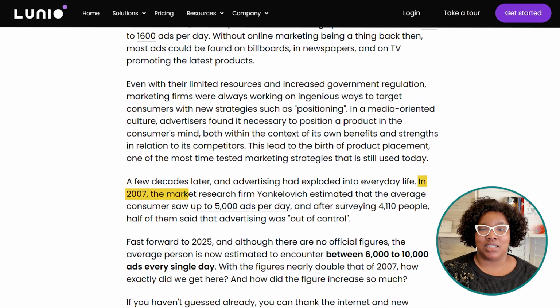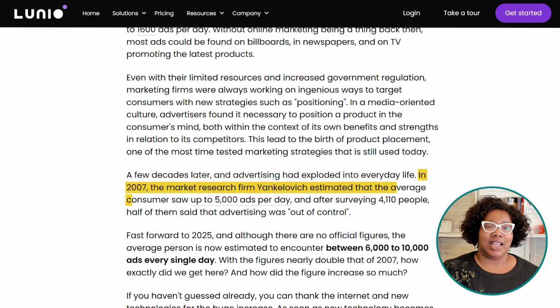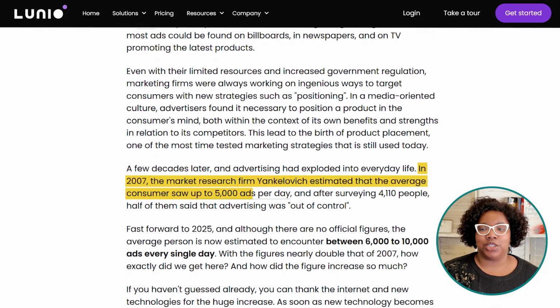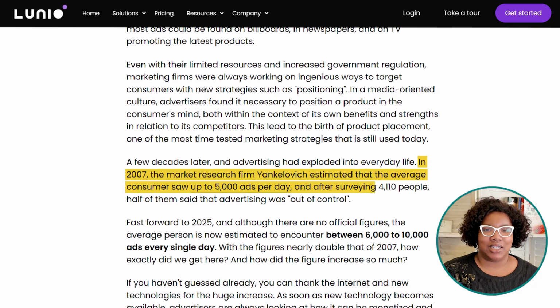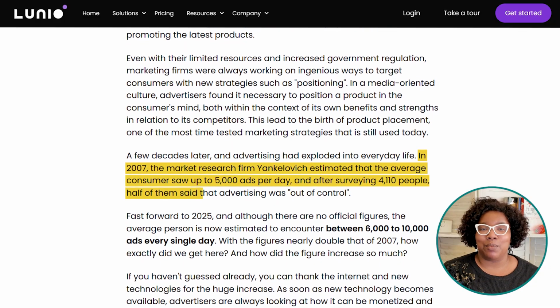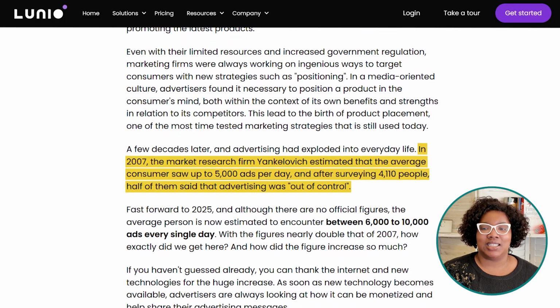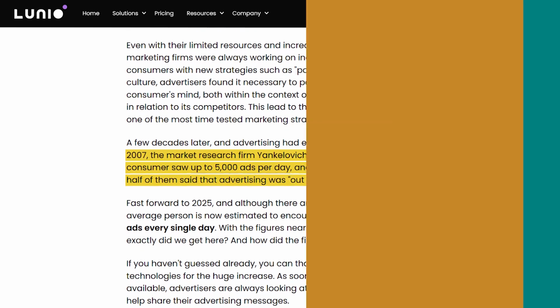So back in 2007, there was research done that estimated your average consumer sees up to 5,000 ads per day. And back then, most of the people in that survey said that marketing was out of control. They felt completely overwhelmed by that volume of marketing touchpoints.